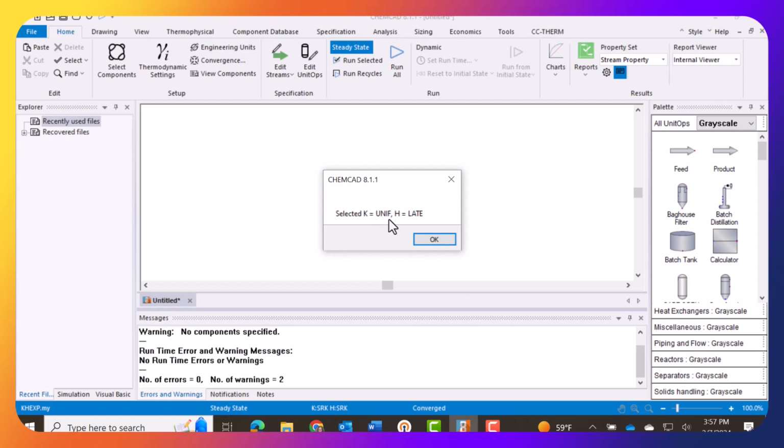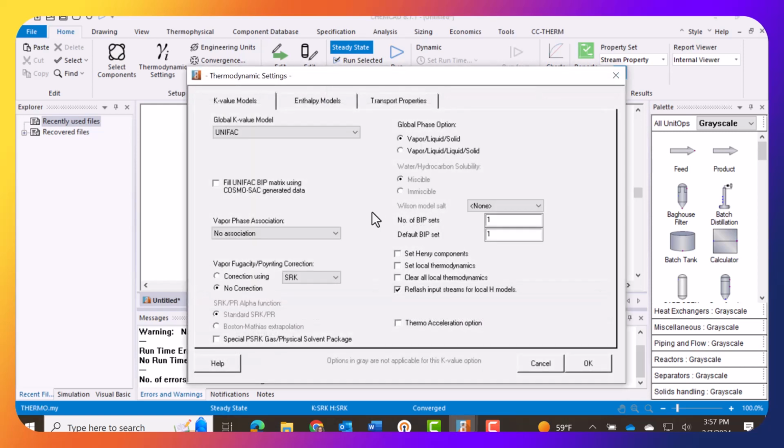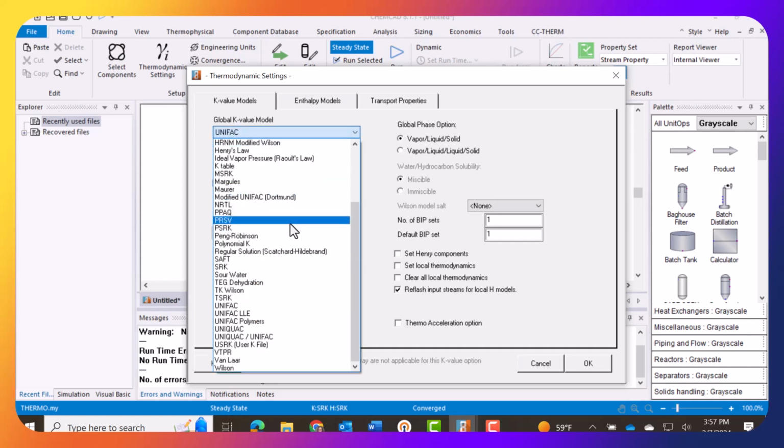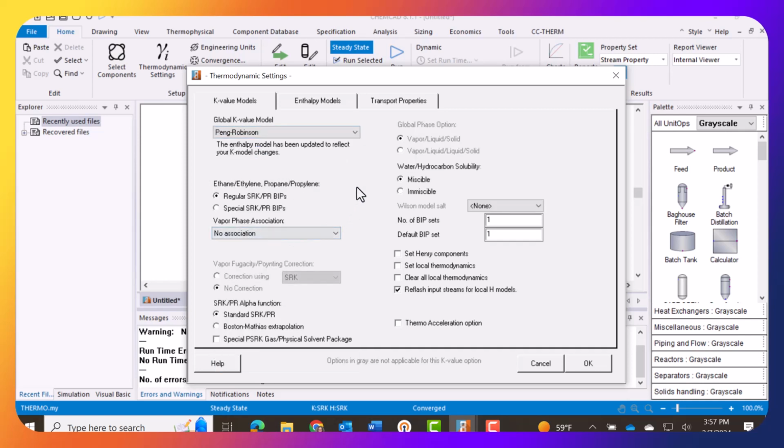And it recommends UNIFAC with the latent enthalpy for the H's. That's okay. In the handout, they are recommending that we use the Peng Robinson. Okay, so we can switch and do that. If you wish to stay with the other, you can.